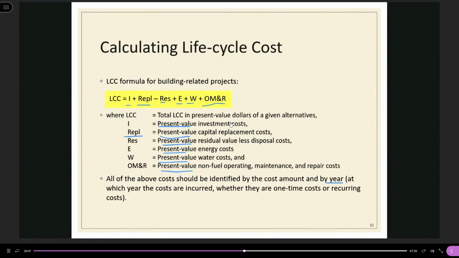The 5th year, the 10th year, or when? So you need to identify all the years of these costs. And whether the costs are recurring. So maybe for energy and water costs, we need to pay every year, and for the others, only in some particular years.